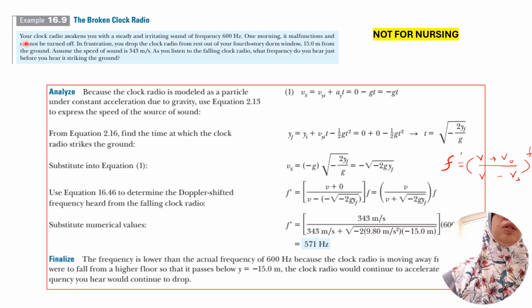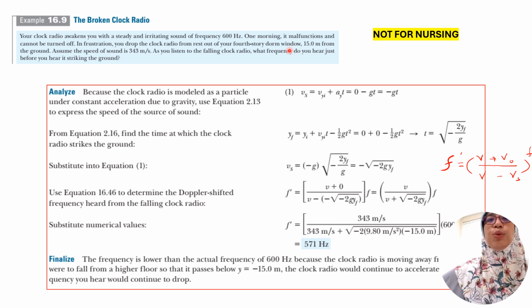So the question says the situation is your clock radio awakens you with a steady and irritating sound of frequency 600 Hz. One morning it malfunctions and cannot be turned off. In frustration, you drop the clock from rest out of your 4th story dorm window.